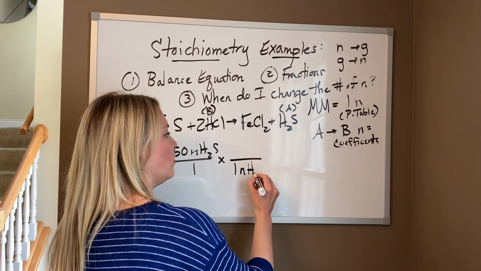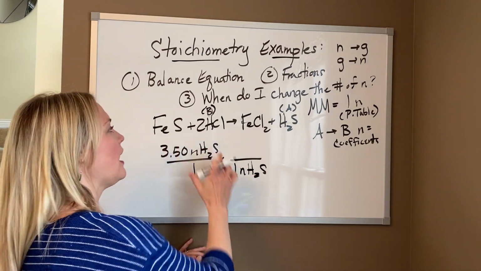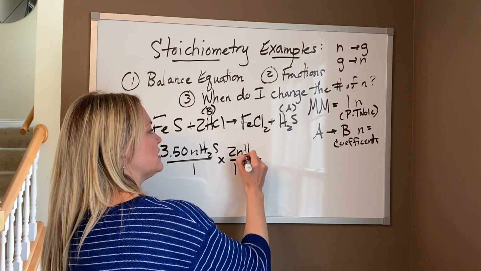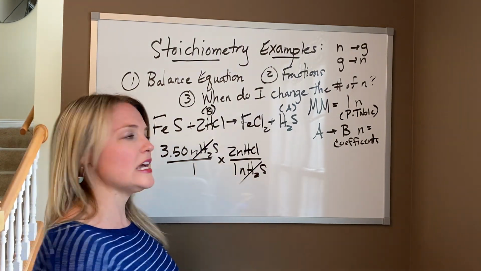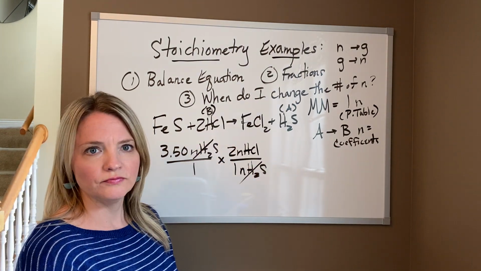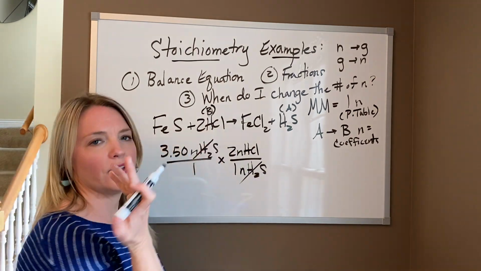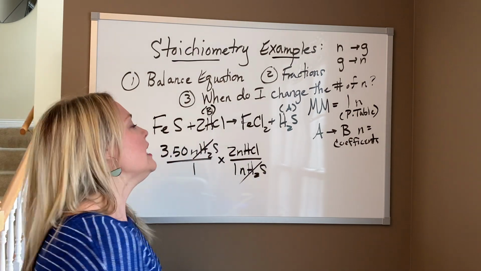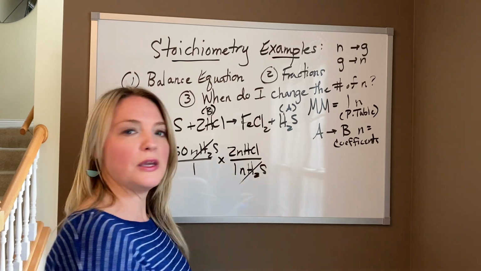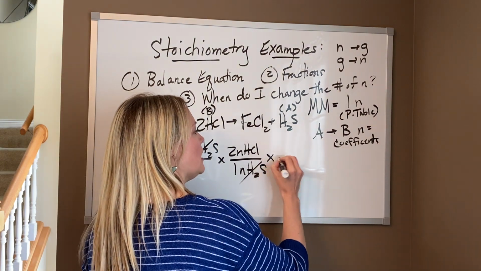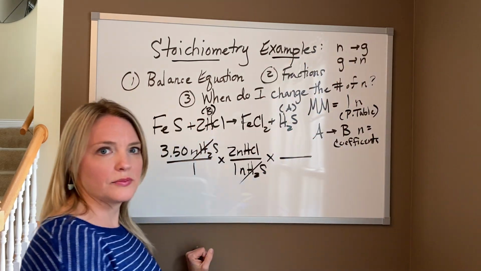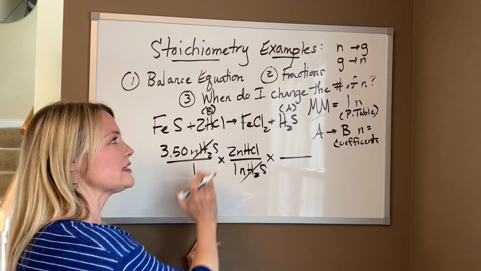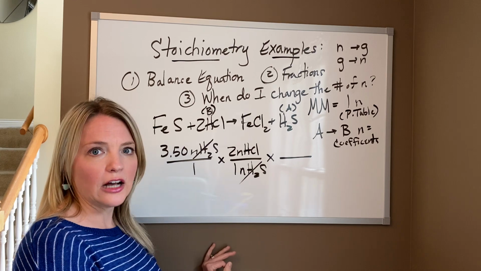For every 1 mole of H2S, I have 2 moles of HCl. Now I've converted my units to moles of HCl. If I wanted my answer in moles, I'd be good to go, but there is 1 more step, and that is going from moles to grams. So starting with H2S, but then going to grams of HCl.